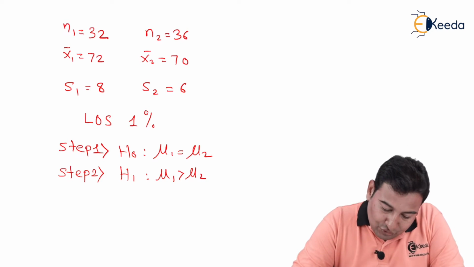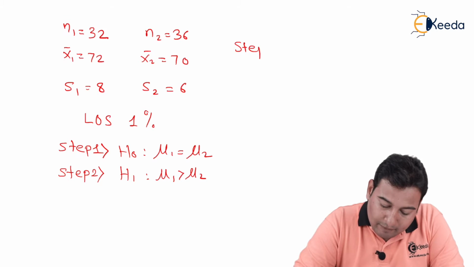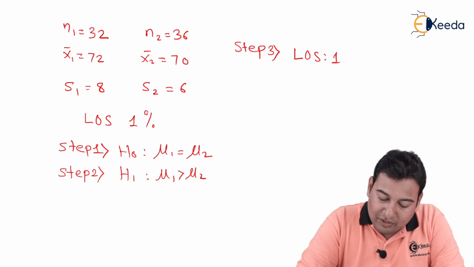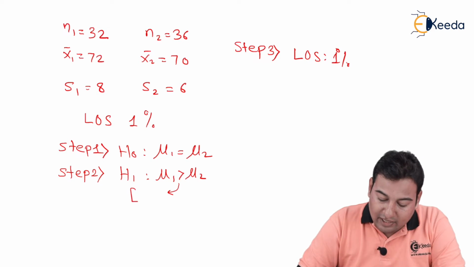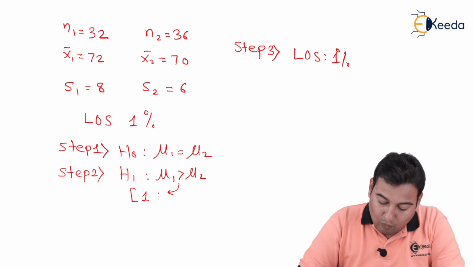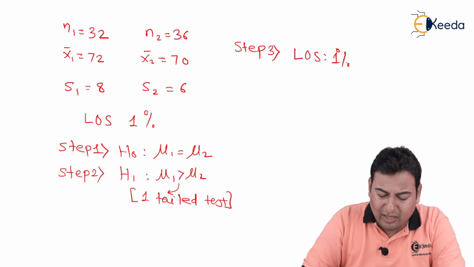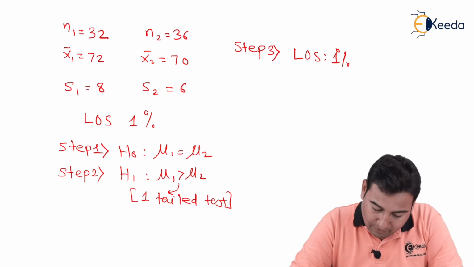So let's move on with step number 3, the LOS, which is 1%, and this greater than sign indicates which test? One-tailed test. Now this is an old story, we have discussed it a number of times.